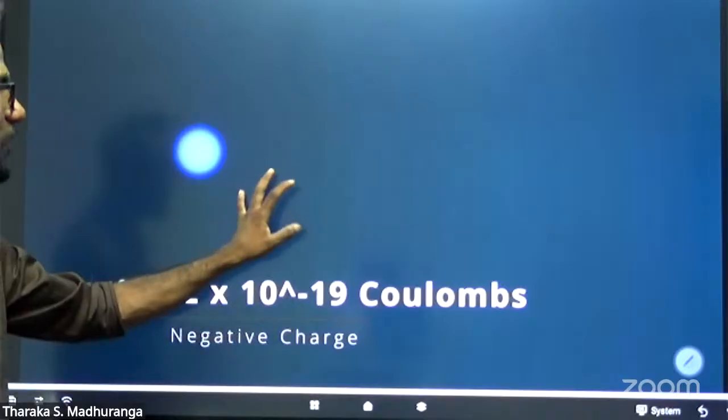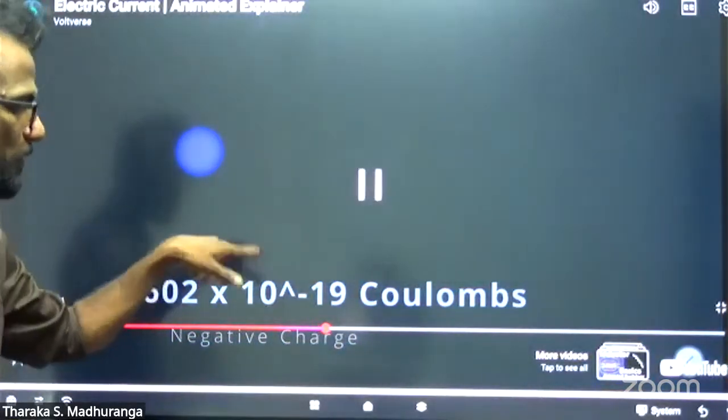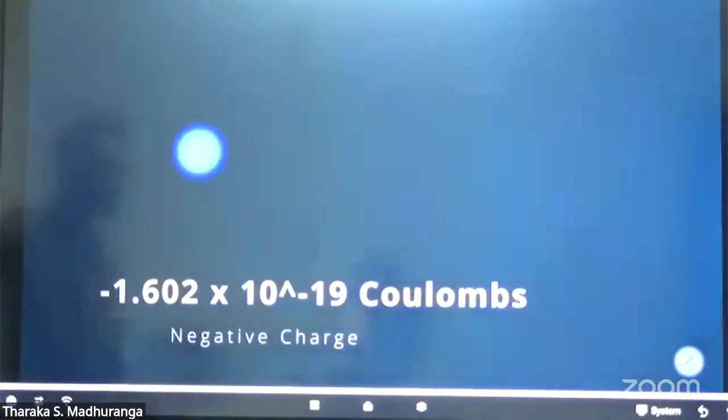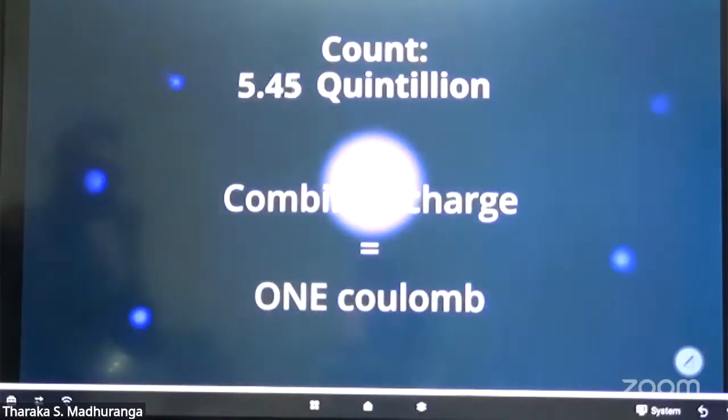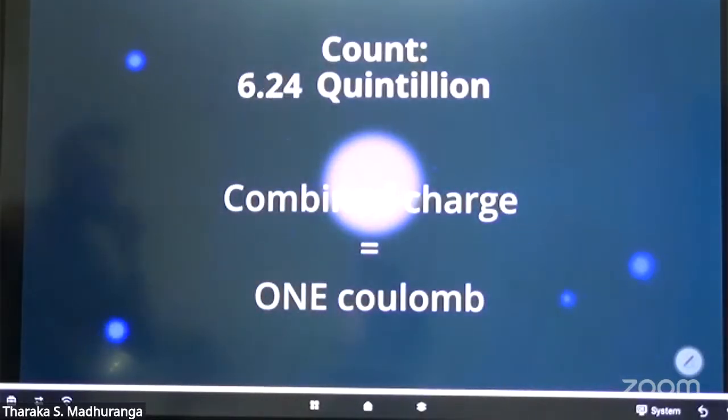I will explain what coulombs are. Please keep in mind this 10 to the power of negative 19 coulombs. When you bring together around 6.242 quintillion of these electrons, their combined charge equals a coulomb.